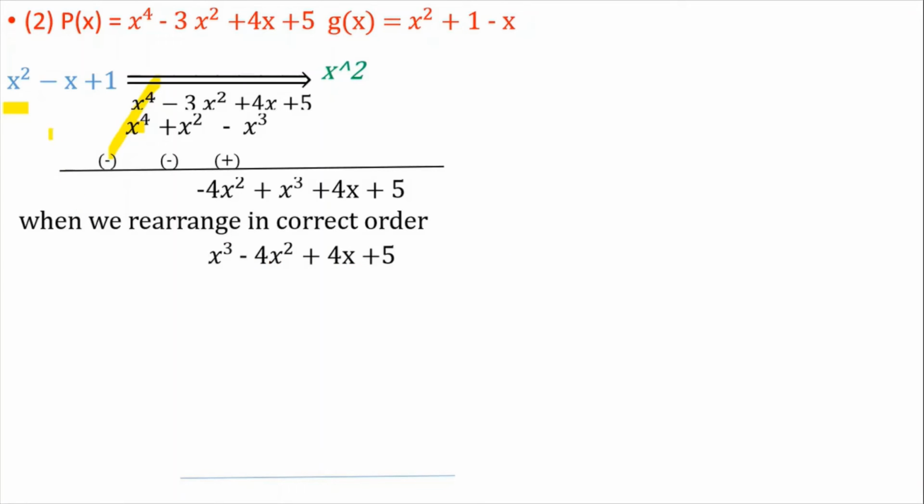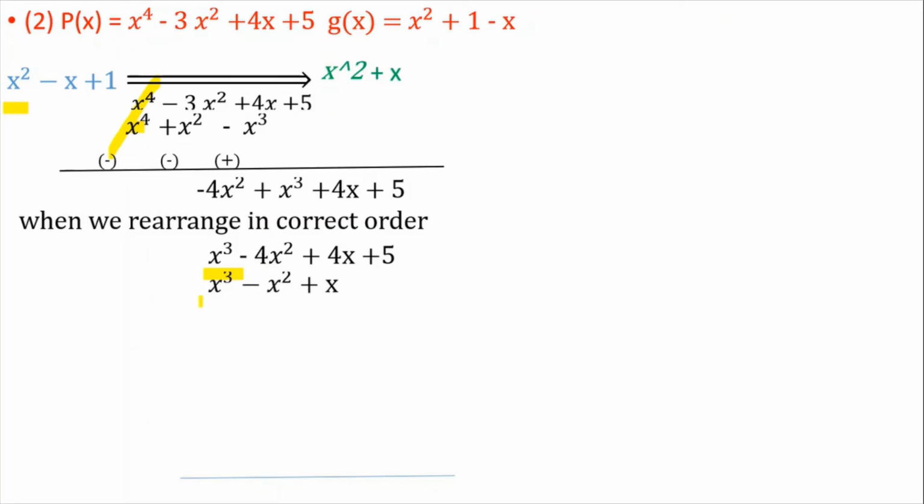Now we can check the highest power of x term present in the divisor, that is x squared, and in the dividend, that is x cube. So I want to convert x squared into x cube by multiplying it with x. Then I get x into x squared is x cube, x into minus x is minus x squared, and x into 1 is x.